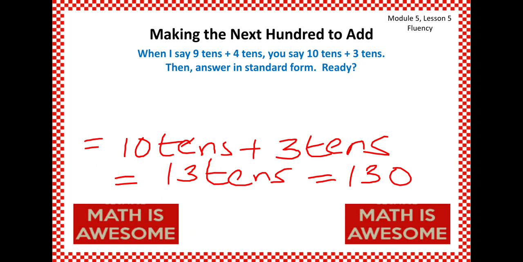For example, 9 tenths plus 4 tenths will now be 10 tenths plus 3 tenths. 10 tenths plus 3 tenths is 13 tenths. And 13 tenths in standard form is 130.